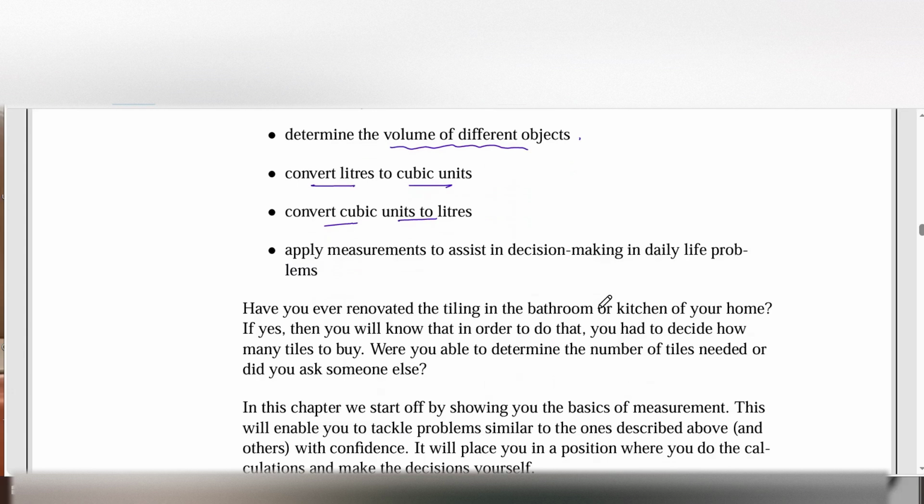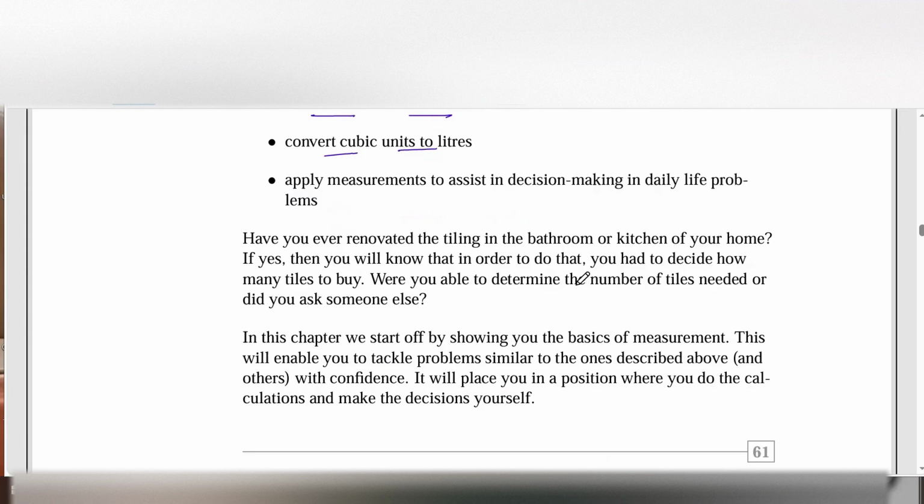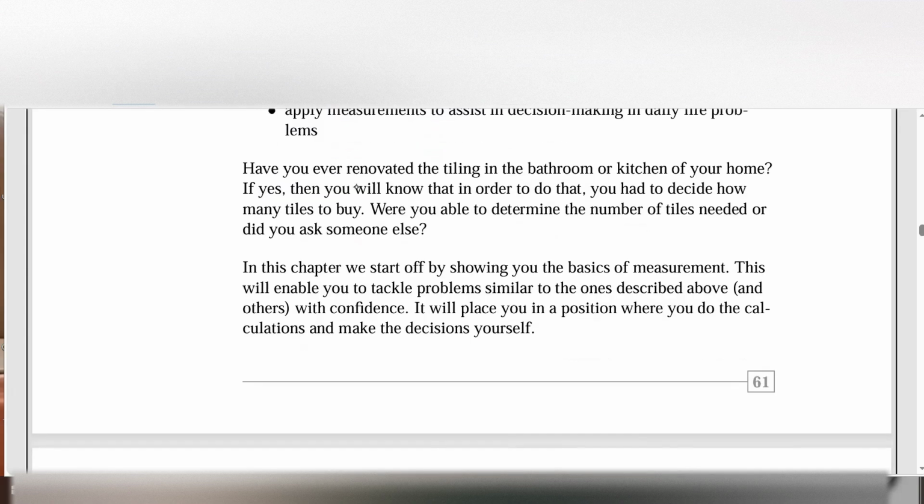So measurements as a topic is widely used across nature. From traveling, you're moving distances, you're moving at speeds. Back in the kitchen where food is made, measurements need to be taken when you're baking. You must mix a certain number of cups and all of those things. Have you ever renovated the tiling of a bathroom or kitchen of your home?